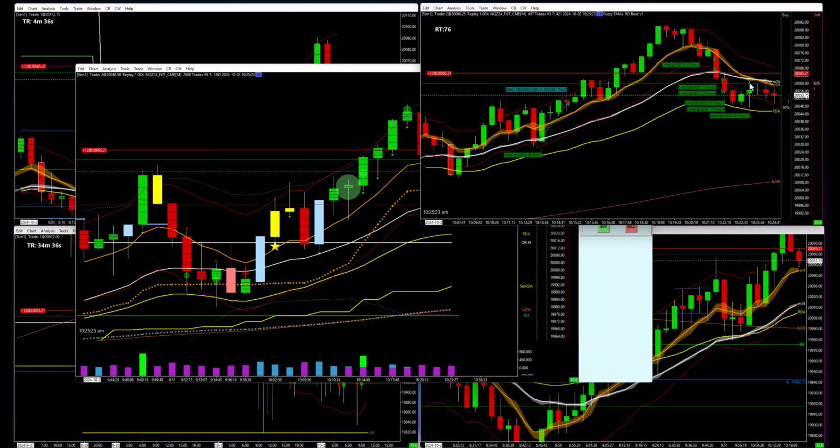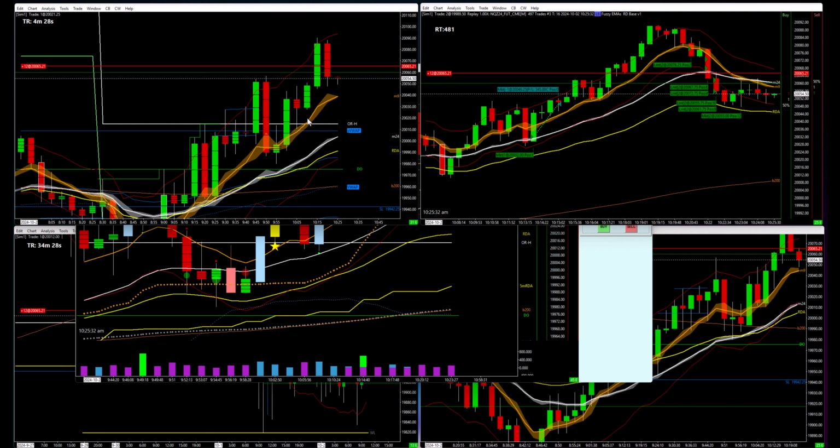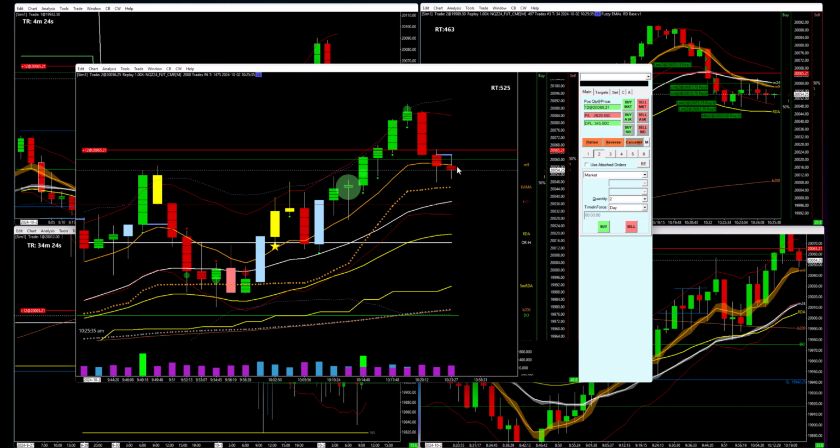How are we looking on these? So momentum long, momentum short, bias long, momentum long, bias long, momentum long, bias long, making us nervous.